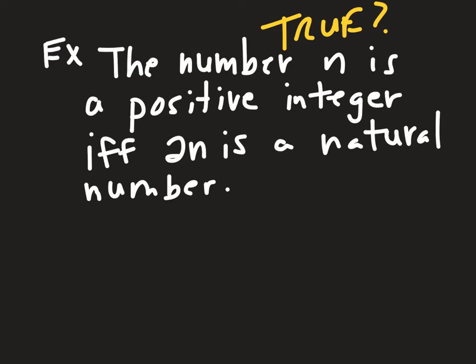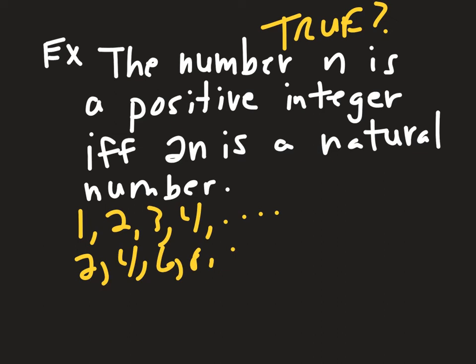And so let's see, if I have a positive integer, it'd be like 1, 2, 3, 4. That's my positive integers. If I double those, 2 times those, I'm going to get 2, 4, 6, 8. So that does seem to be true, that I will get a natural number.